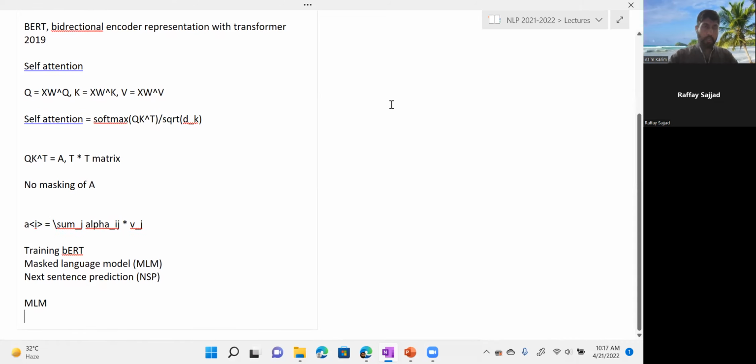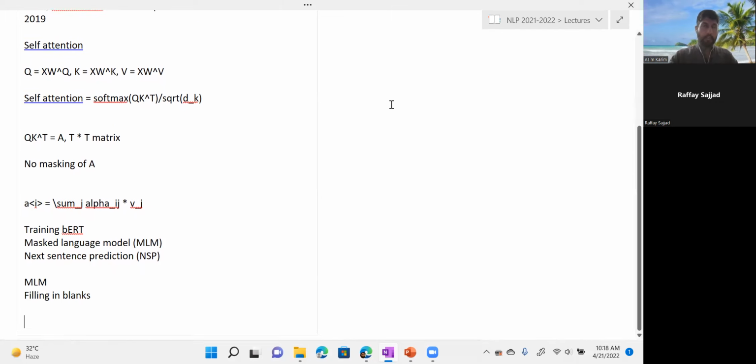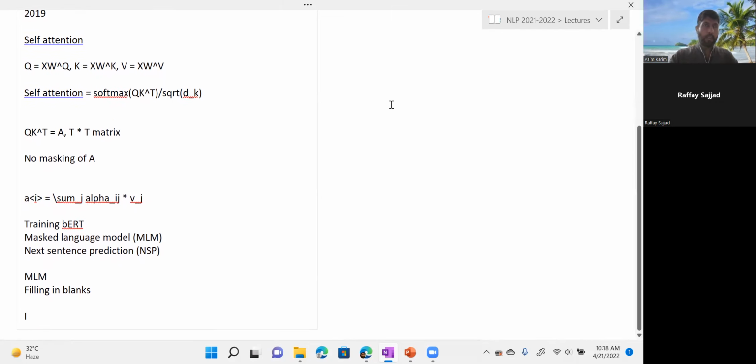What they do is use the concept of filling in blanks. So remember, you might have a sentence: I dash dash dash in Lahore. So there's a blank there.